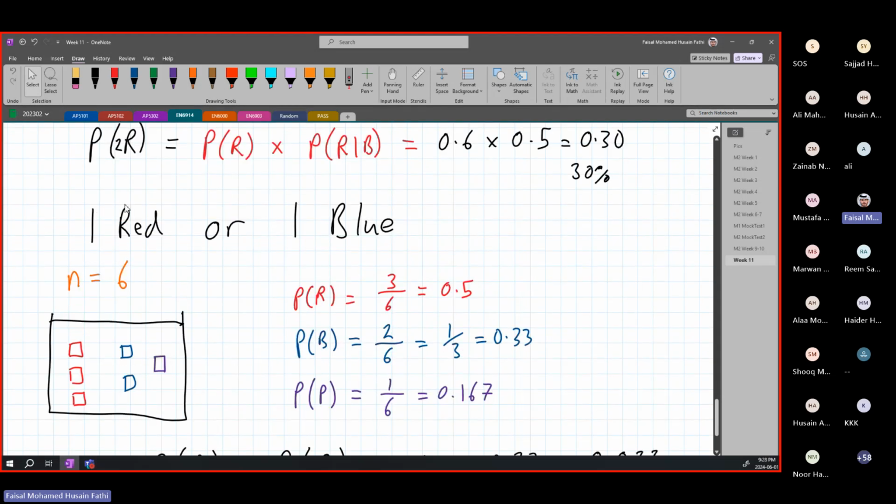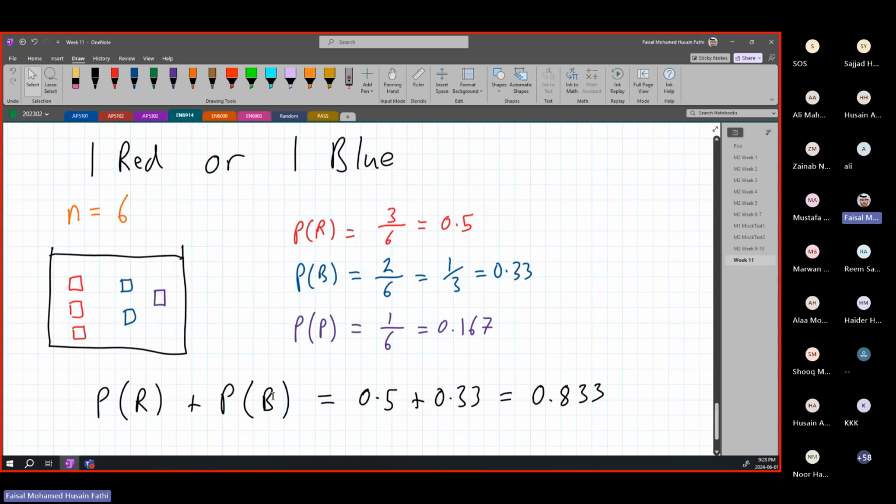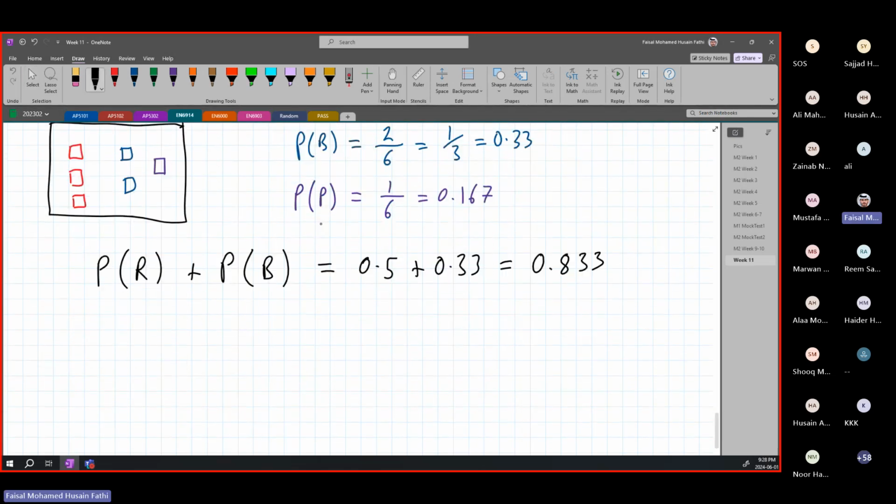So again, what is the chance of getting one red or one blue? All you have to do is just add up the probabilities. Another way of solving this question, let me introduce another concept. Now when we say red or blue, it means we want anything other than purple. So one red or blue simply means not purple.